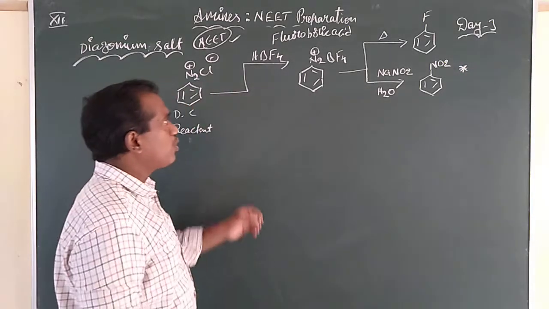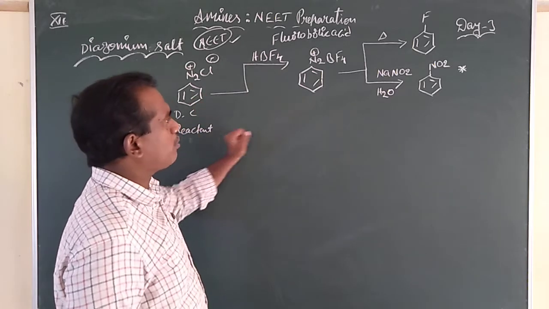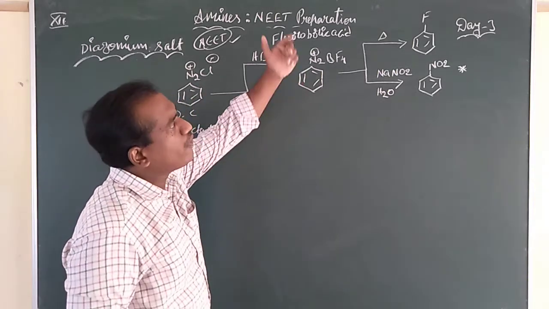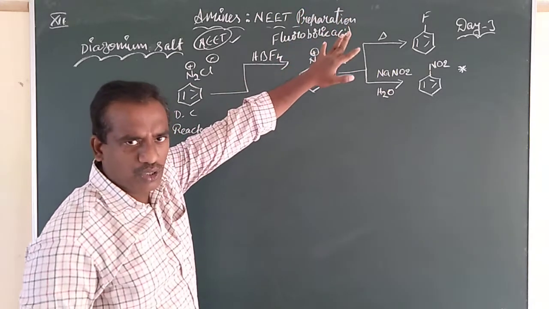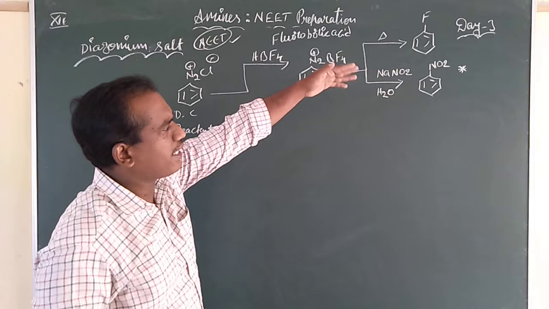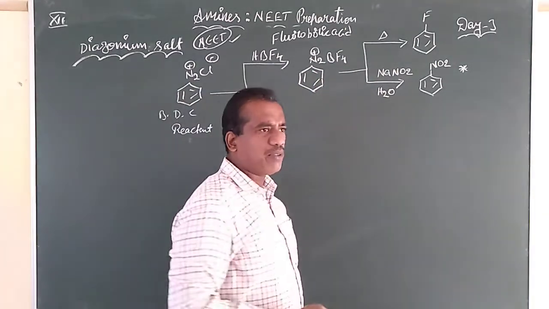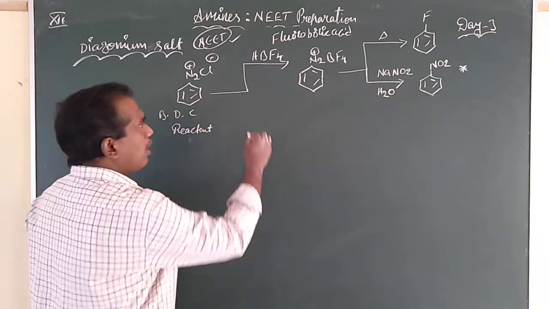Okay, children? So fluoroboric acid, once you react with benzene diazonium chloride, forms an intermediate. If you heat it, only fluorine is introduced. If you react with sodium nitrite and water, it forms nitrobenzene. I am not writing the names because you are remembering the names.